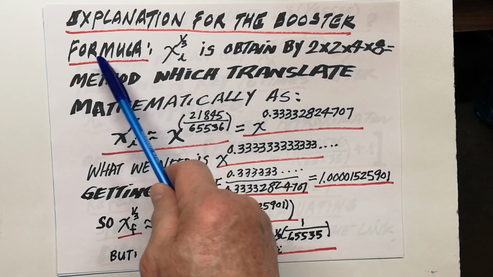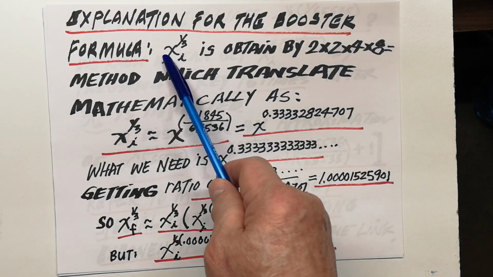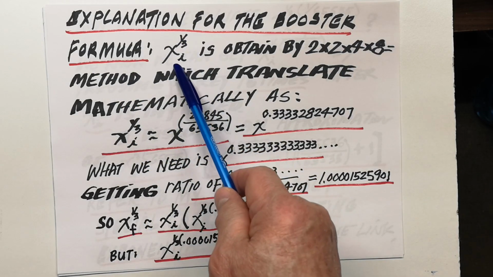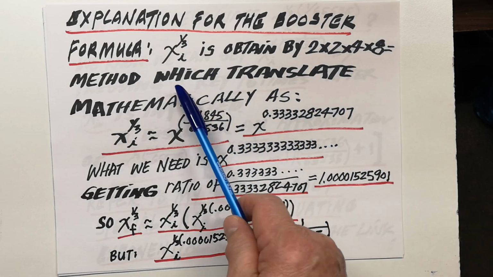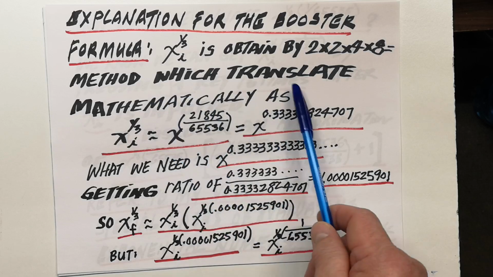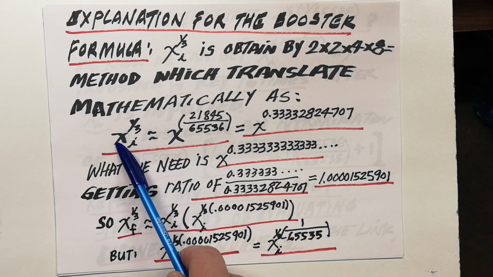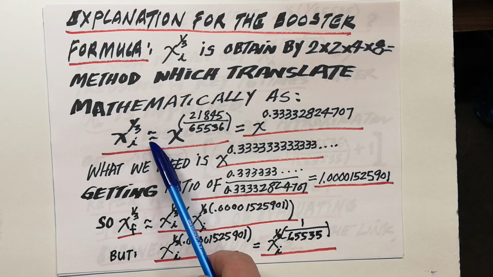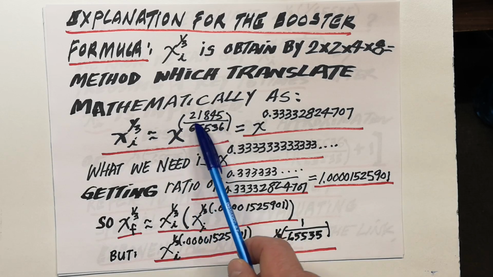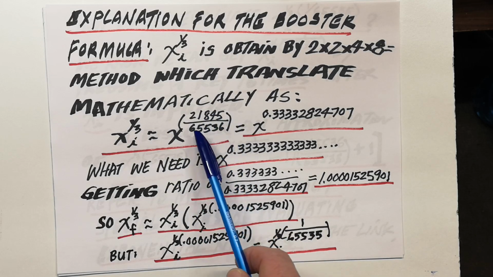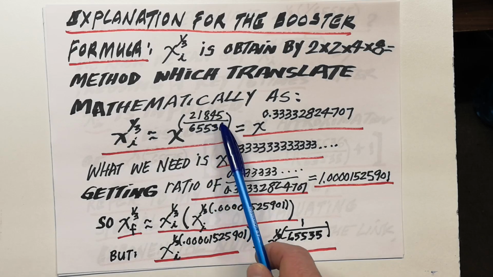Explanation for the booster formula. The cube root of x initial is obtained by the 2248 method, which translates mathematically as the cube root of x initial is approximately equal to x raised to the 21845 over 65536.